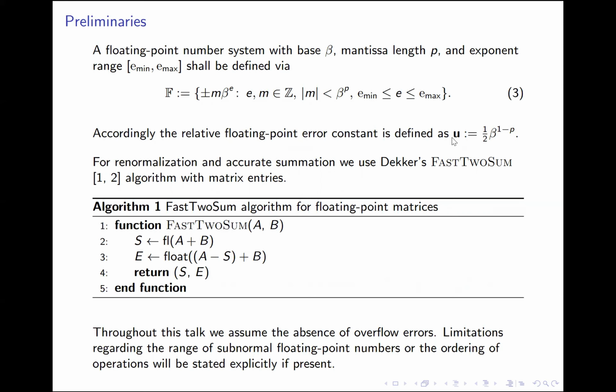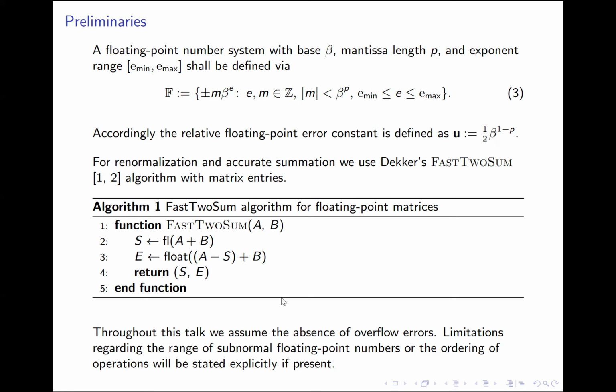So our error constant u is defined as 1/2 times beta to the power of 1 minus p. We assume the absence of overflow and also the absence of underflow errors, but this is explicitly stated in the corresponding results. For the final summation, we make use of the fast two-sum algorithm.